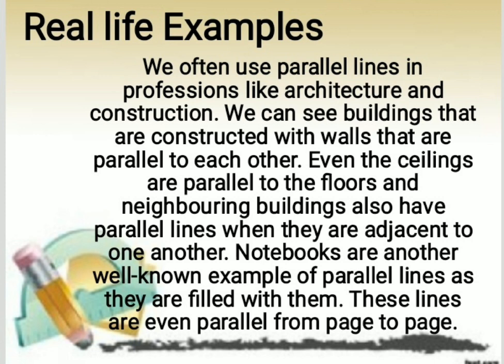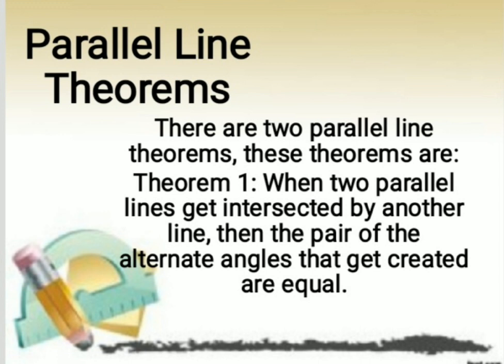Notebooks are another well-known example of parallel lines, as they are filled with these lines that are even parallel from page to page. So next, let's proceed to the parallel line theorems. There are two parallel line theorems, and these theorems are: Theorem 1.